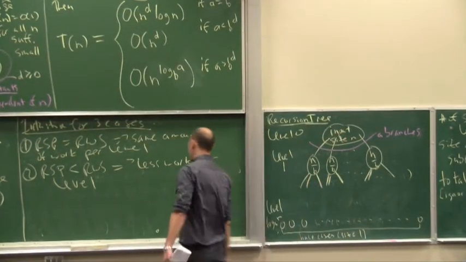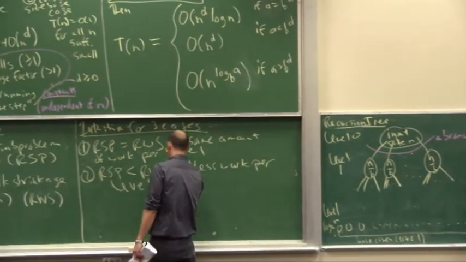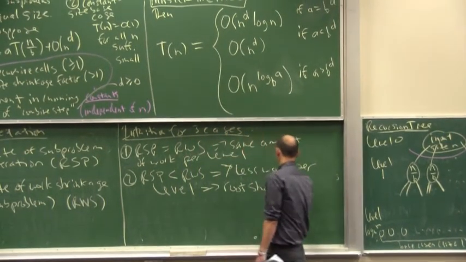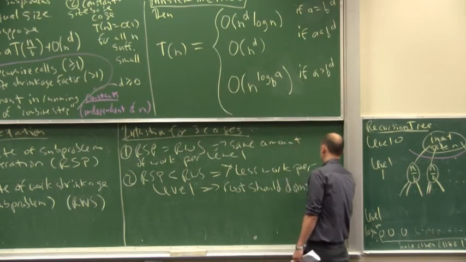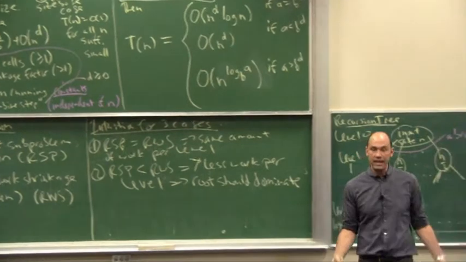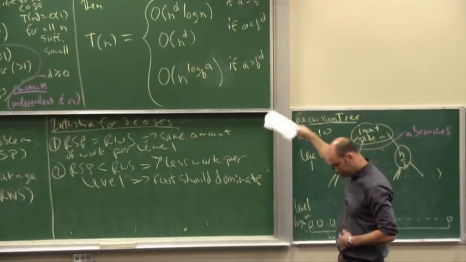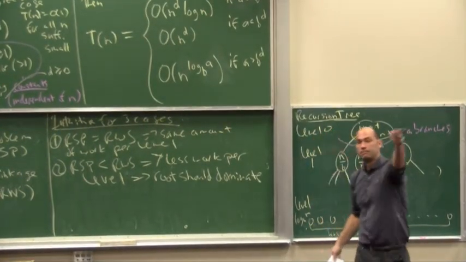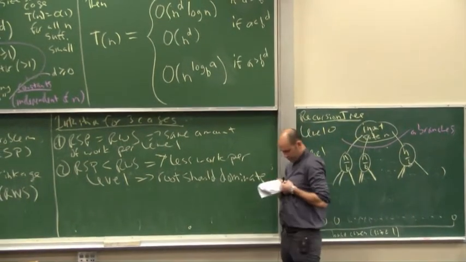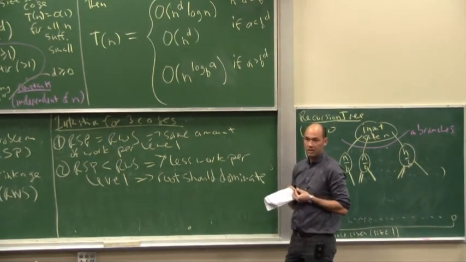So you'd expect, or maybe conjecture, that the root would dominate. You know how much work you do at the root? It's n to the d. So in case 2, you get n to the d. In some sense, given this intuition, the answer is the obvious one. The answer is the one you would expect.